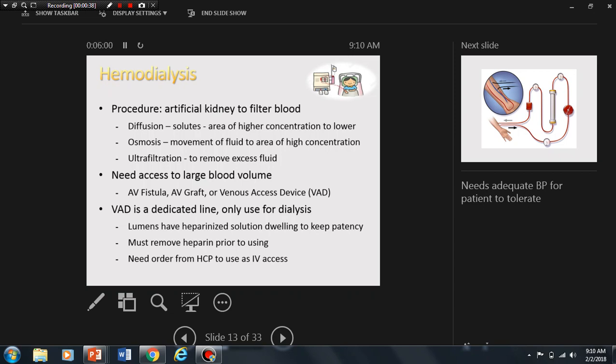Very similar to peritoneal, with diffusion we're going to move solutes from an area of higher concentration to lower. When the dialysate solution moves through the filter, it never mixes with the patient's blood, but it will usually run right next to it.